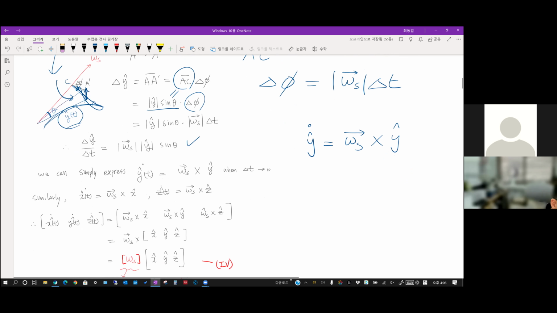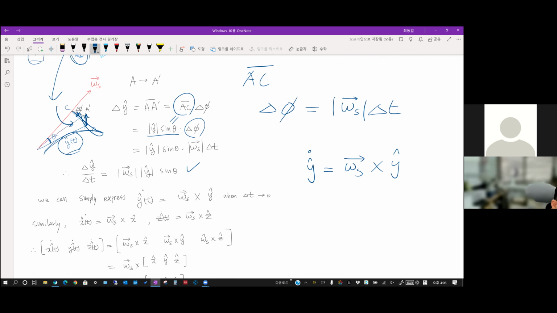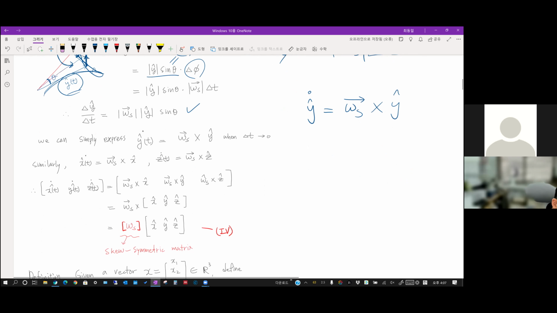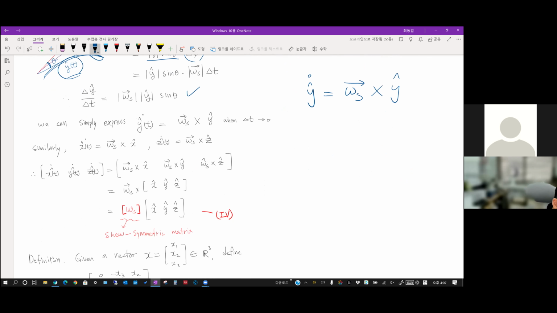So the same calculation can be applied to the x-axis and also the z-axis. So resultantly, we can write down this equation, and the same expressions are merged together, and we can write down here, and then it can transform like this.